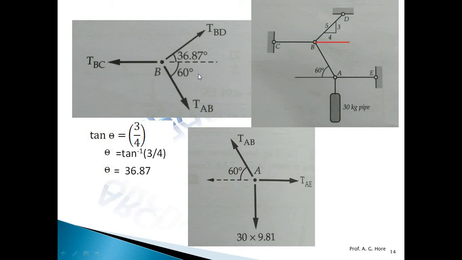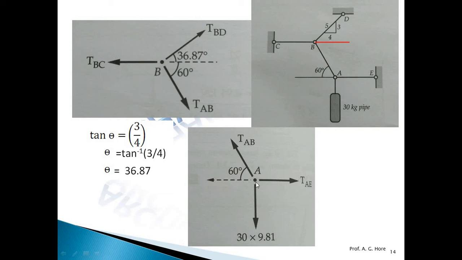Which point do we have to calculate first? Suppose B: if we take the FBD of point B, the unknowns are the tension in BD, the tension in AB, and the tension in BC. We can't solve three unknowns by Lami's theorem. If we consider the FBD of joint A, the unknowns are tension AE and tension AB, but the weight is known.